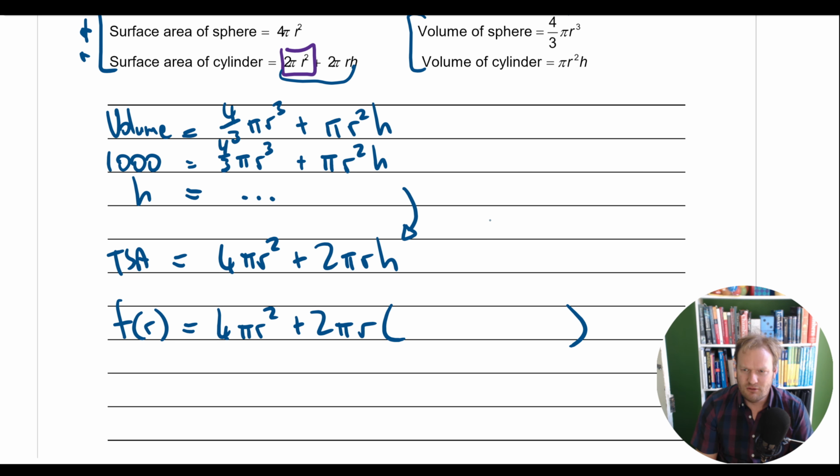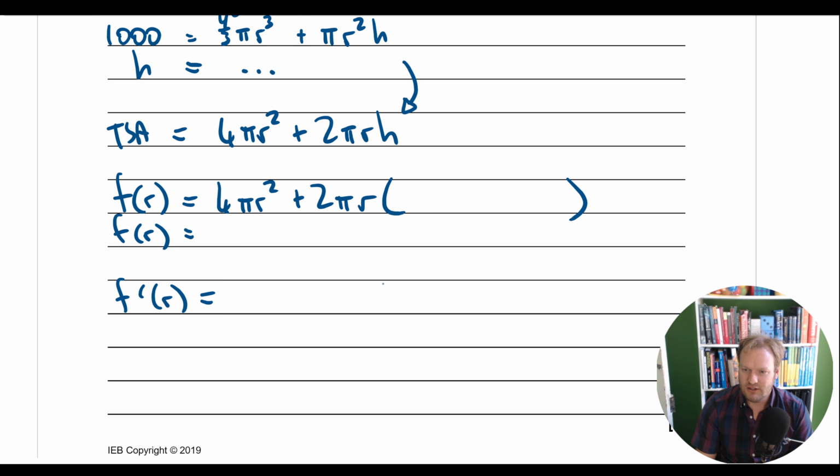Now h was 1 over pi r squared, I've got my working from before, 1,000 minus 4 over 3 pi r cubed, blah, blah, blah. Okay, so it'll be easiest if you just multiply this thing out so that you've got a whole lot of nice separate terms, and therefore you can find out what the derivative is and make that derivative equal to 0, and hopefully we can find out where those turning points are.